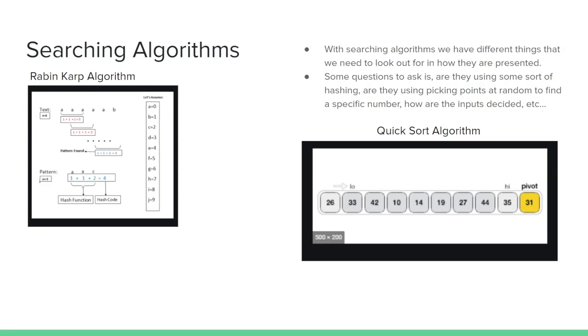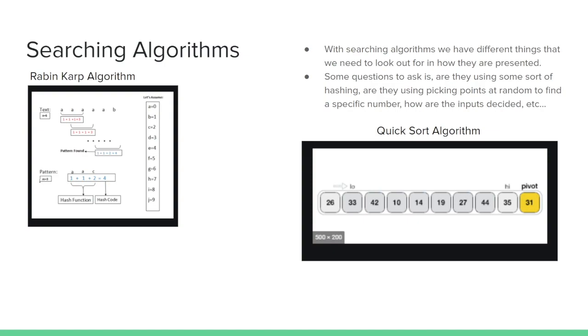With Rabin-Karp, one of the main uses for it is actually plagiarism. A good example would probably be a speech. If someone did a query on your speech and put in, let's say, an obscure word that no one has heard about, and it pops up inside other people's speeches, then of course you would be flagged for plagiarism. But that is one of the main uses, plagiarism or just word searching in general.